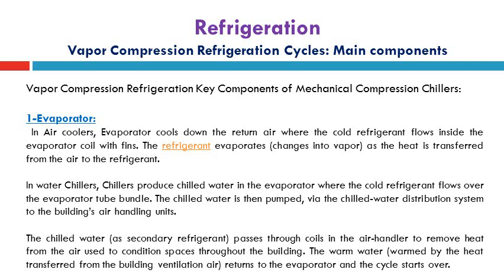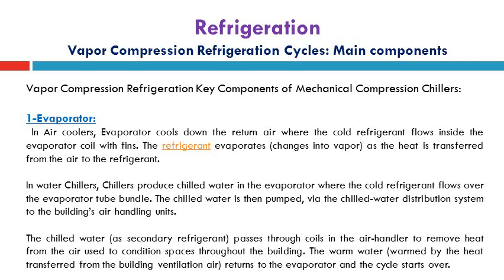Vapor compression refrigeration key components of mechanical compression chillers. 1. Evaporator. In air coolers, the evaporator cools down the return air where the cold refrigerant flows inside the evaporator coil with fans. The refrigerant evaporates and changes into vapor as heat is transferred from air to the refrigerant. However, in water chillers, chillers produce chilled water in the evaporator where the cold refrigerant flows over the evaporator tube bundle.